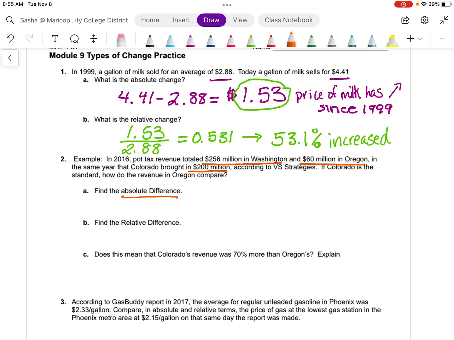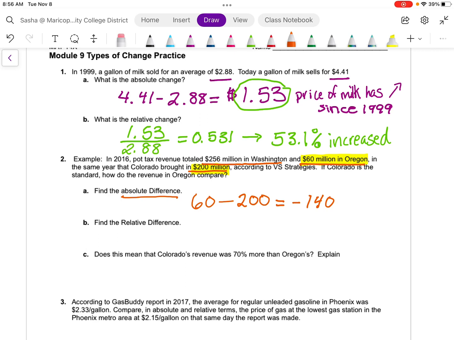So here it's revenue. If I'm comparing, I start with the one that I am comparing, which is the $60 million in Oregon. And I then take away the standard. The standard is what you're comparing that 60 million to, which in this case is the 200. So compared minus standard, and I end up with, Oregon made $140 million less.